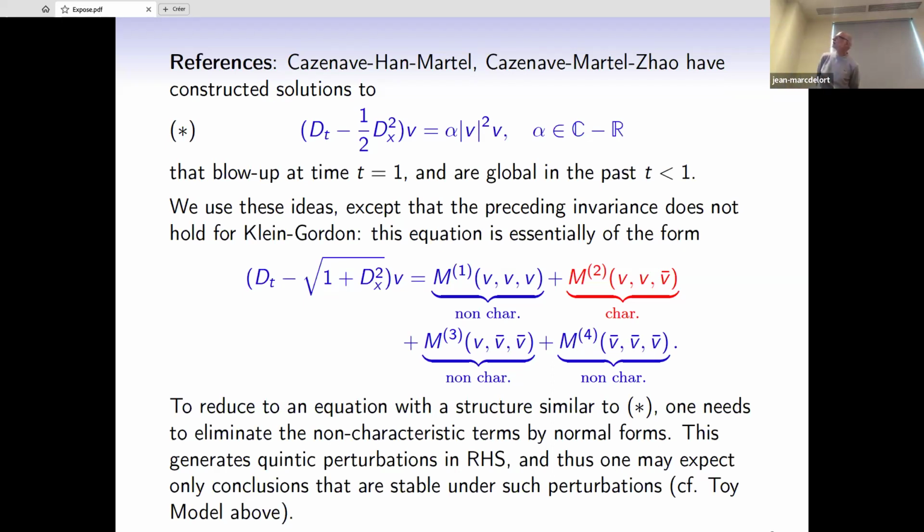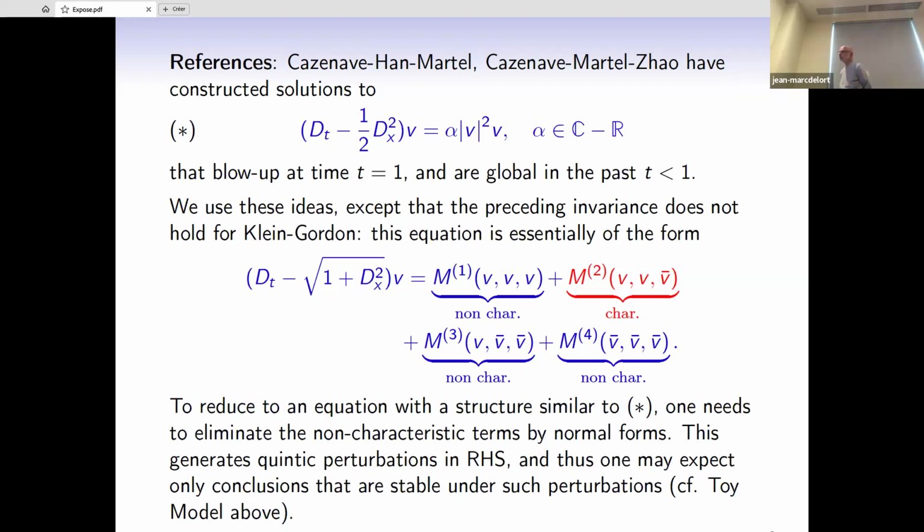This is a term which has the same invariant property under multiplication by complex number of modulus 1 as the right-hand side of equation star. And then on the other hand, we have also the blue terms, the non-characteristic ones, which are either trilinear in V, or bilinear in V bar, linear in V, or trilinear in V bar.